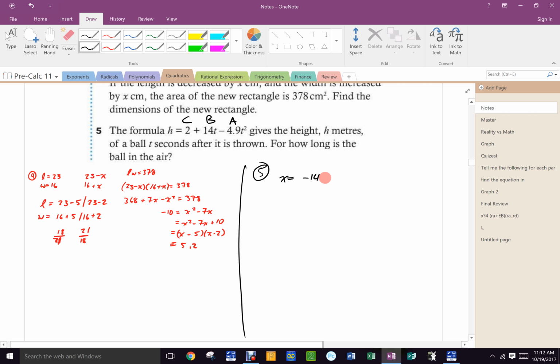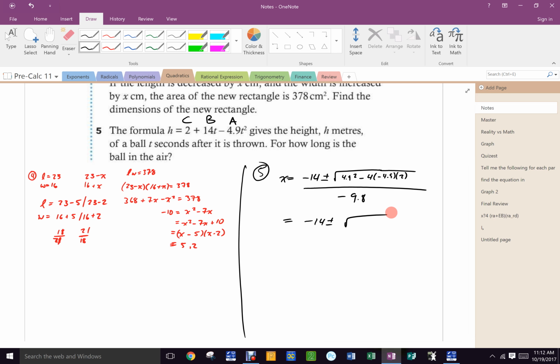Negative 14 plus or minus the square root of b squared, sorry, I forgot the squared. So it's 196 minus 4 times negative 4.9 times 2, over negative 9.8, because 4.9 times 2.